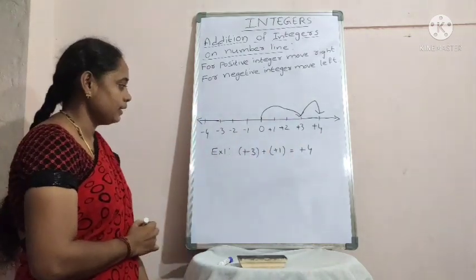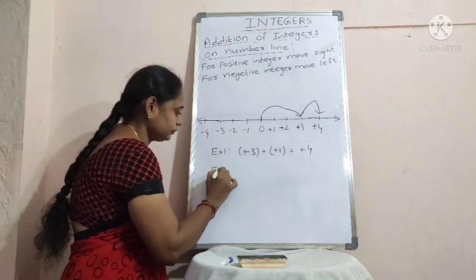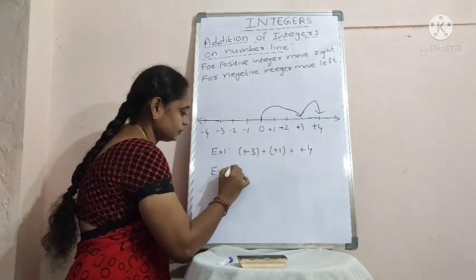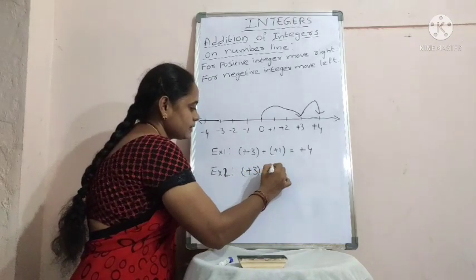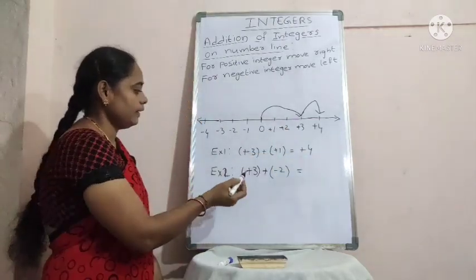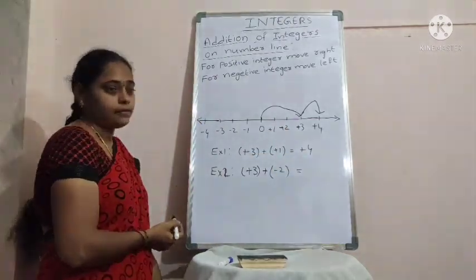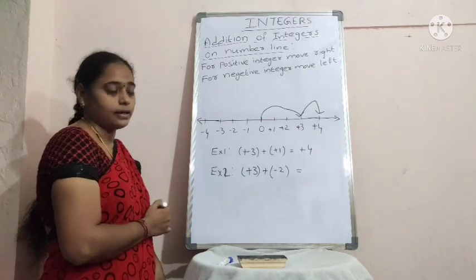Okay children? Consider another example. +3 plus -2. Here positive integer. For positive integer, we move right side.